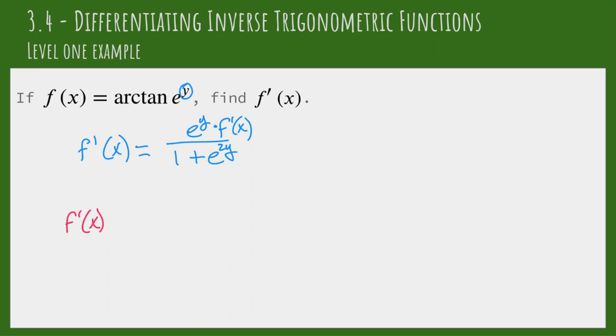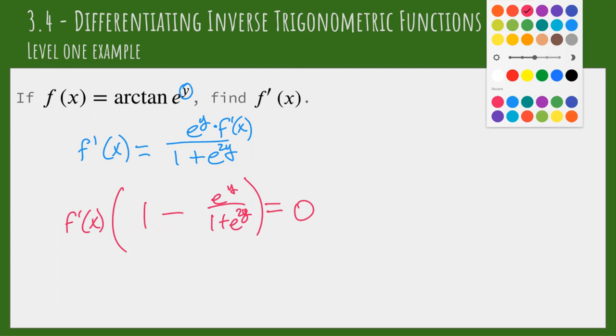So I'm going to keep the f prime on the left side minus e to the y. I'm going to take the f prime out here. So we're going to have e to the y over 1 plus e to the 2y equals 0. If we factor out the f prime here, we get 1 minus that.